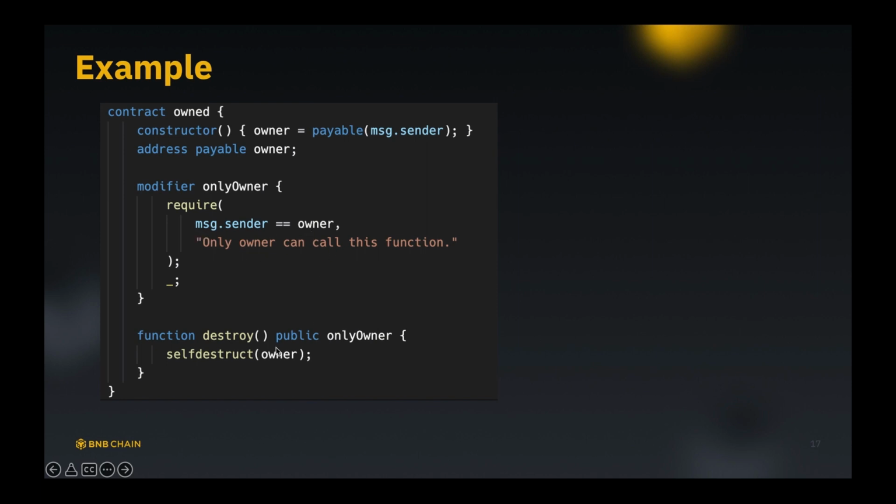So only the owner can call self-destruct. And then after this is finished, the code of this function is copied to the underscore part. And this is where it will be executed. It will execute self-destruct, sending the remaining money to the owner after running this check.